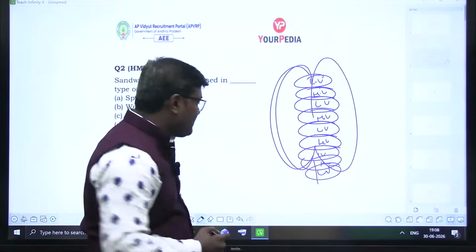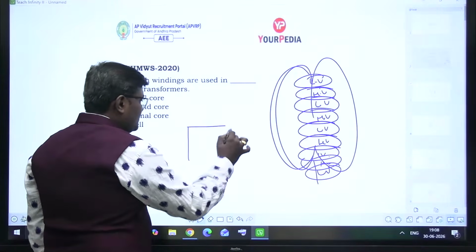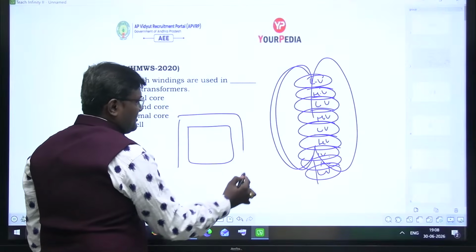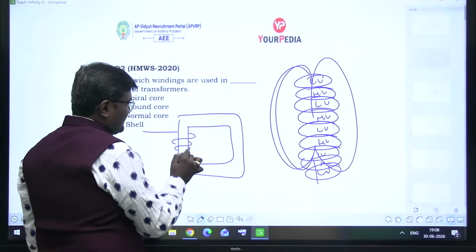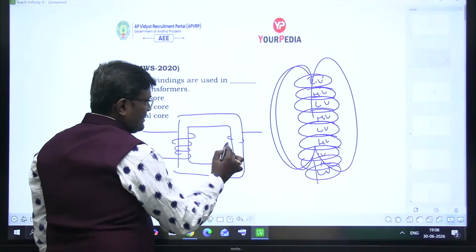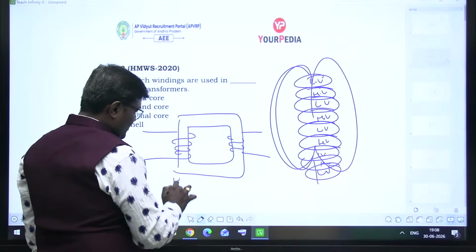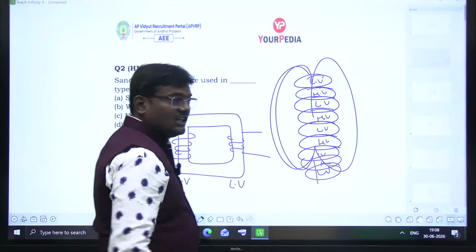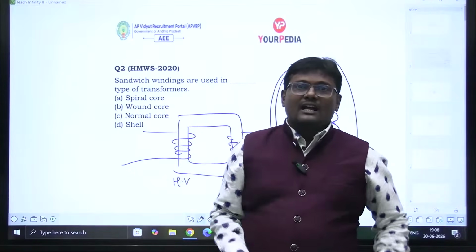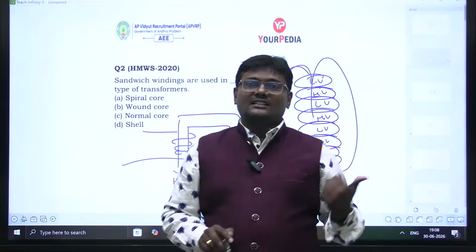If you take a core type of a transformer, here this is HV winding and LV winding. HV winding is placed on one limb and LV winding is placed on another limb.